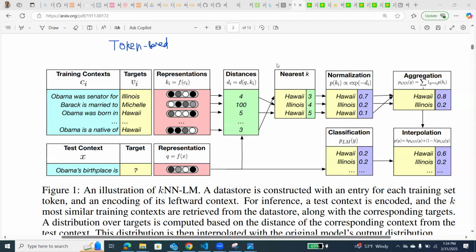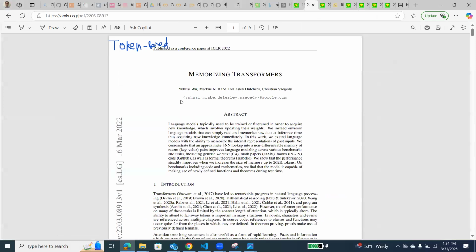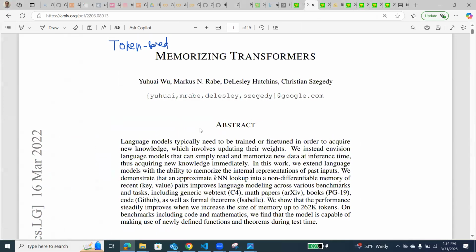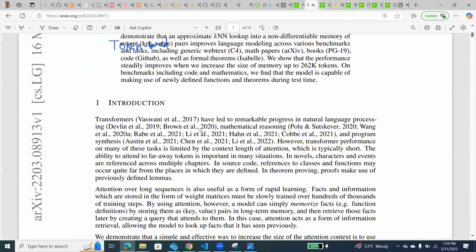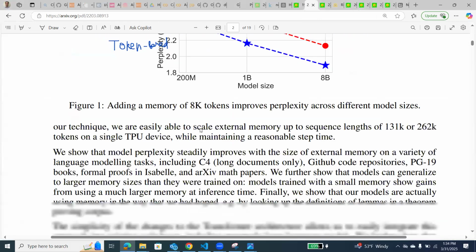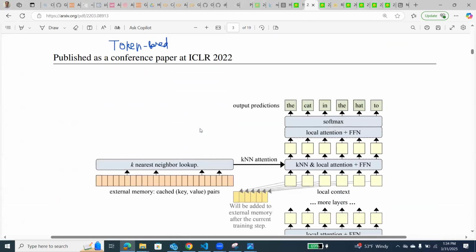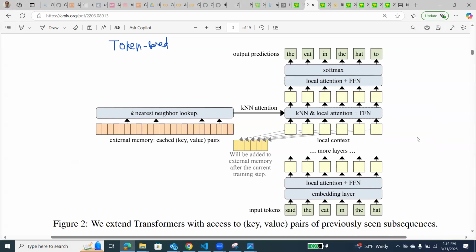The second paper about token-based generation is called Memorizing Transformers. The idea in that paper was to use the previously generated context, and not from all layers of the transformer, but, I don't remember exactly, from just several layers of the transformer.